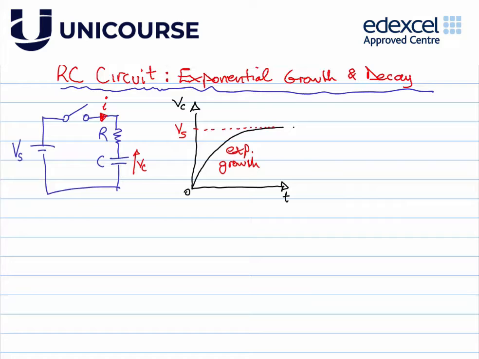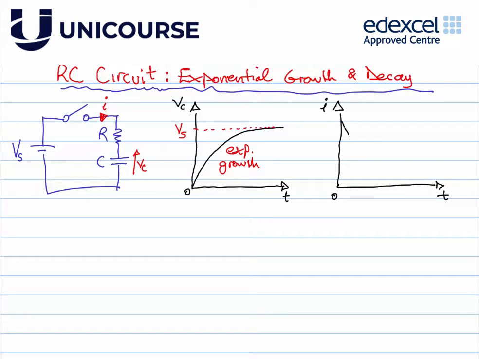Something else we might be interested in, if I draw those axes again, is that current marked in red over here. And what we see from the current point of view is there is an exponential decay in current.